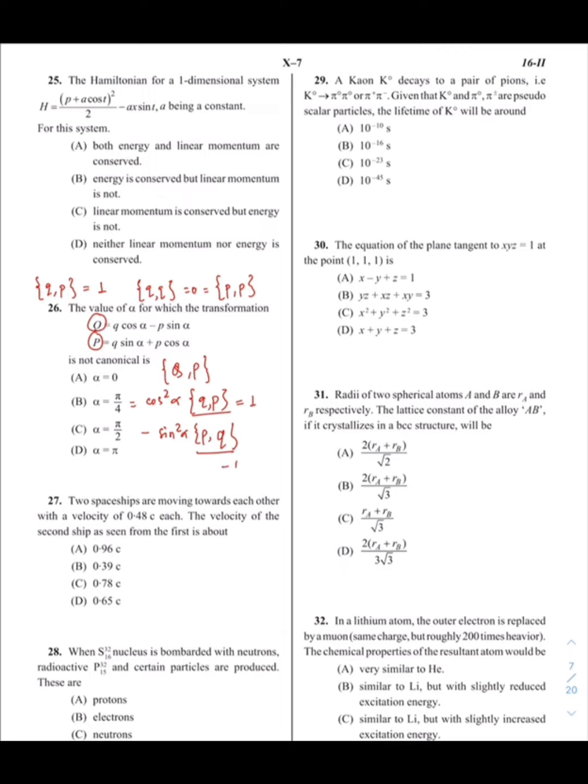So essentially this bracket is equal to cos square alpha plus sin square alpha, which is equal to 1. So for any values of alpha, we find that capital Q and capital P are a canonical set of variables. So none of the answers is correct.